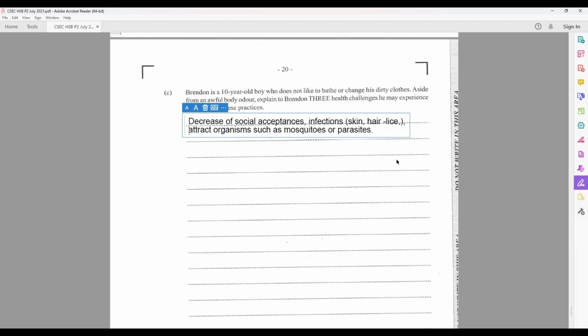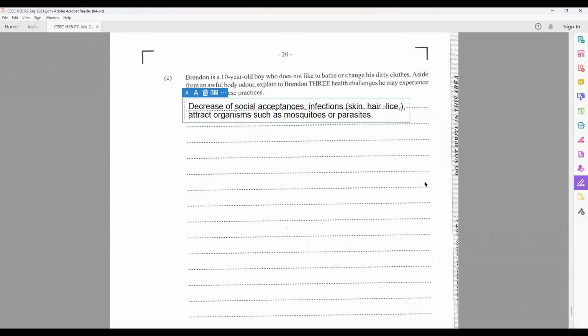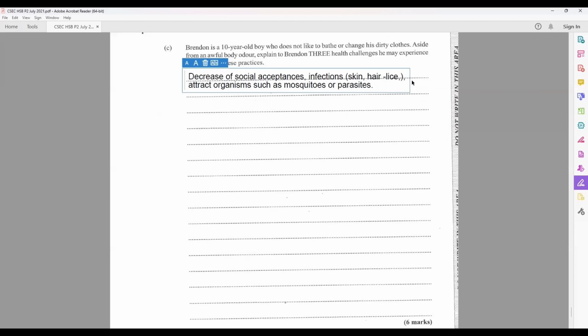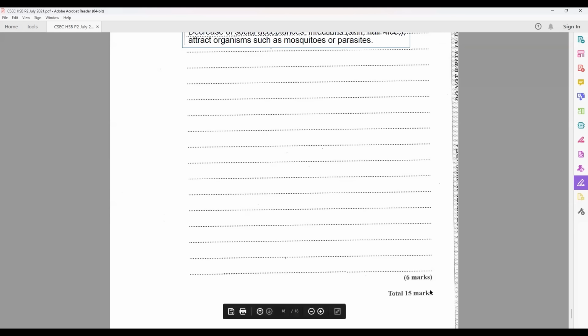But if Brendan does not bathe and does not change his clothes for a period of time, he will be smelling bad. Mosquitoes will be attracted to him. So that becomes a health challenge. All of this you could have said with all the lines you have. 2 marks for each health challenge identified to give you 6 marks to wrap up this paper with a last set of 15 marks.